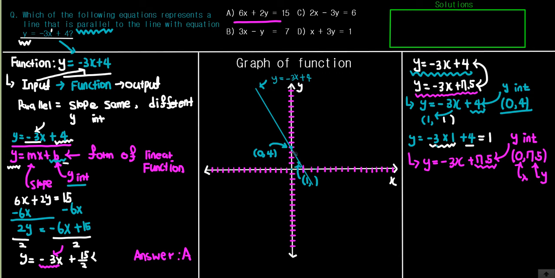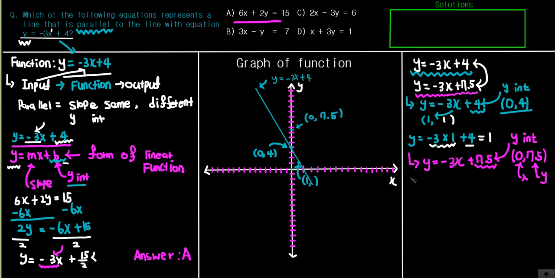So 1, 2, 3, 4, 5, 6, 7.5, between 7 and 8. So it is going to be 1, 2, 3, 4, 5, 6, 7 right over here. And it is a case where the x value is 0 and the y value is 7.5. We need one more point to graph the actual function.